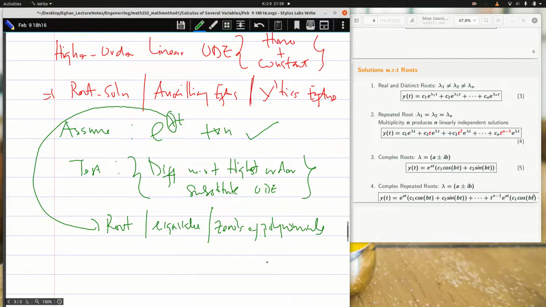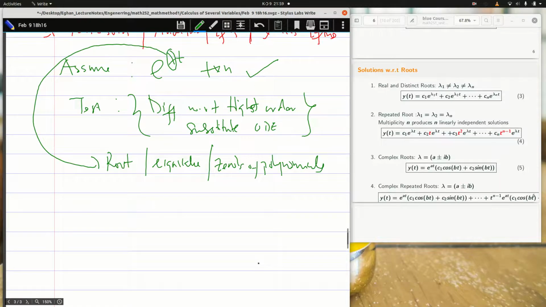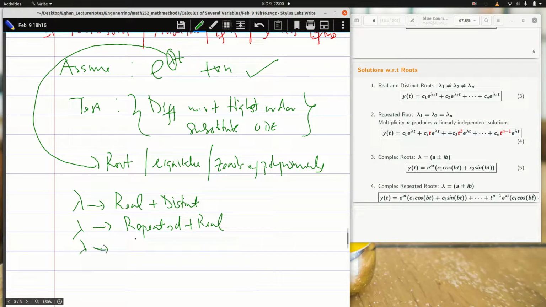When you find this root, this lambda can be real and distinct, it can also be a repeated root, so real and repeated, and this same lambda can also be a complex root.